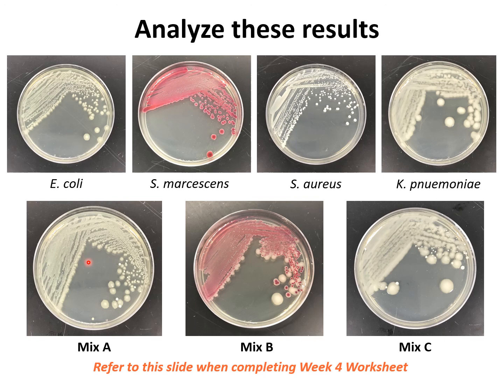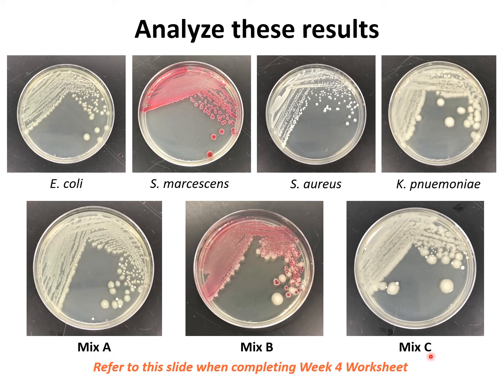And then right here, let's say that you have 3 plates, mix A, B, and C. Now take a look at each plate. First thing, figure out whether they are pure or mixed, but the hint is right here.